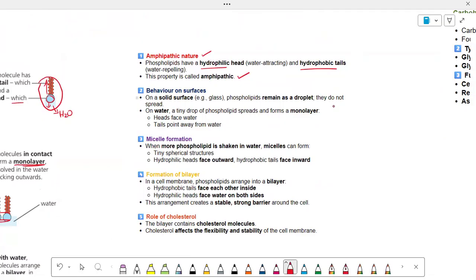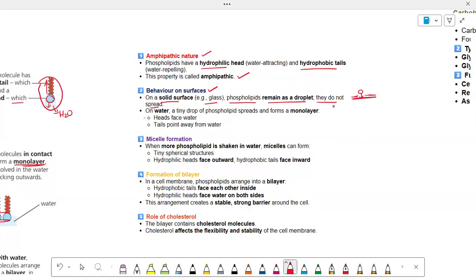The other is behavior on surfaces. How does the cell surface membrane behave on different surfaces? On a solid surface, like glass, phospholipid remains as a droplet. They do not spread. Like if we drop oil on a solid surface, it will stay and not spread.